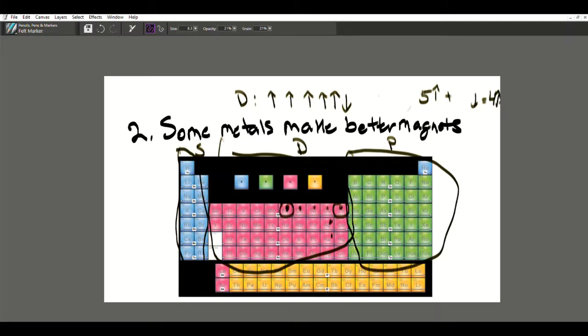So that's important, because that means that when you're dealing with copper, you have less magnetic effect per atom than when you're dealing with iron. So copper has 5 up plus 4 down equals 1 up, right?